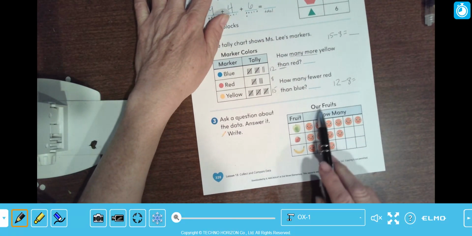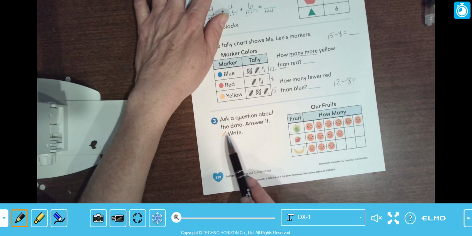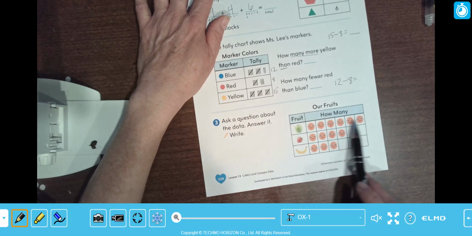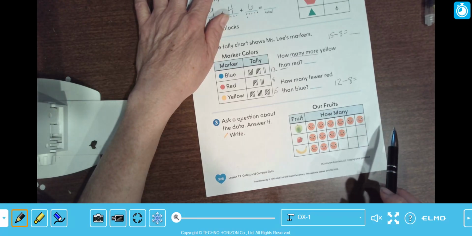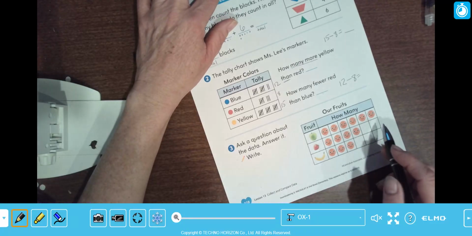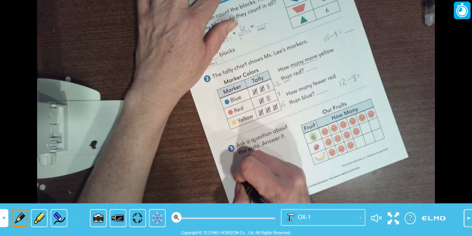Okay, let's go to fruits. Ask a question about the data. Write it. Write the answer. Okay, write the answer. So, let me see. How many more apples than strawberries? Or how many more apples than bananas? Let's write it down.